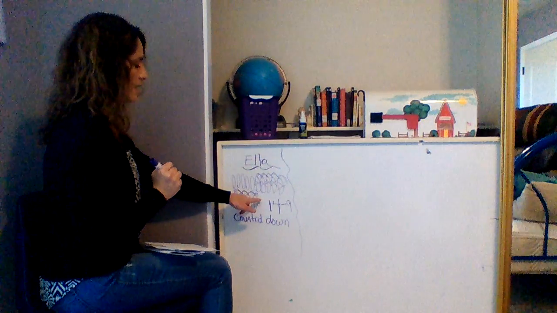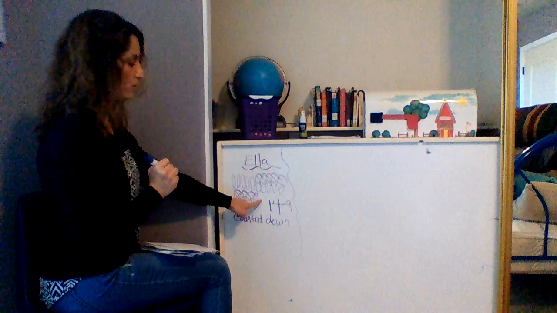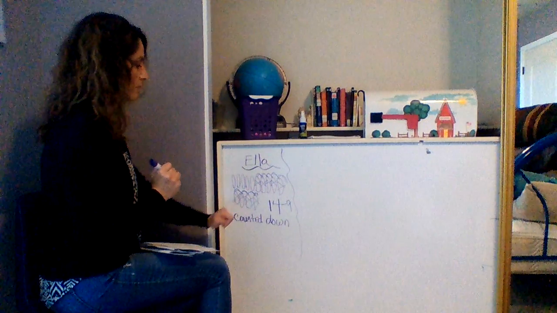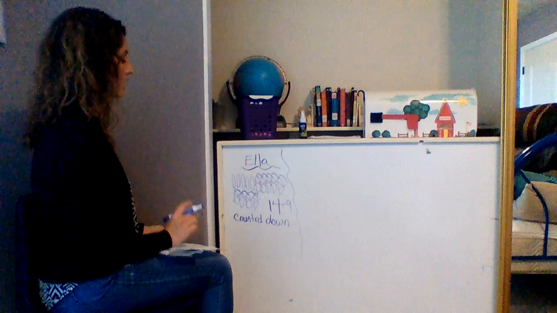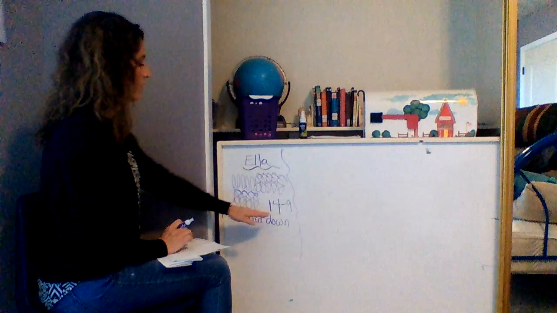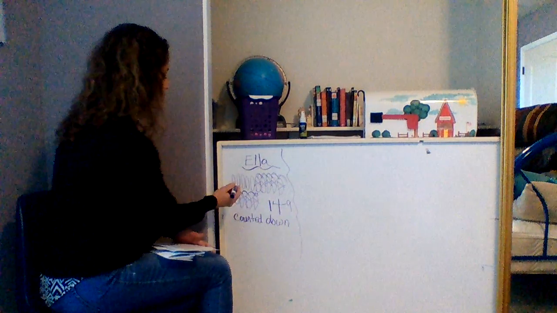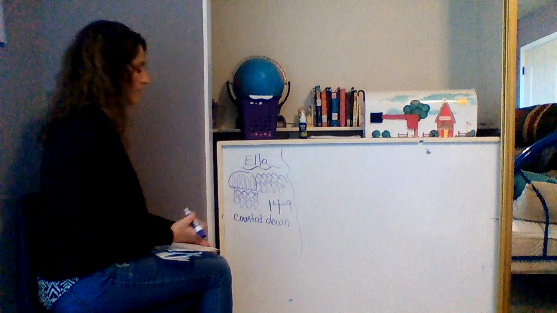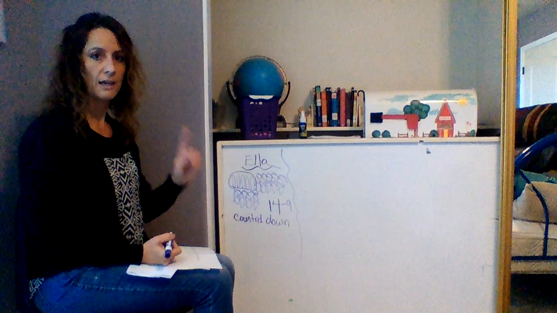There we go. I started counting on this one when I should have started on that one because I really want to take that guy away too. Okay, so 14 minus 9 is, so now let's think again.